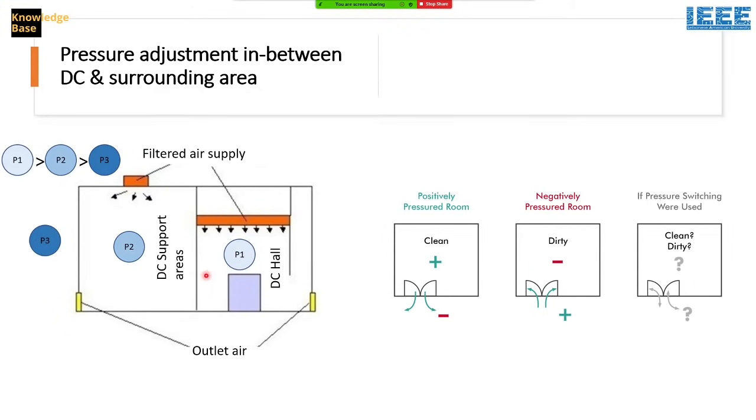So in case you open a door between area 1 and area 2, the air will flow from inside the data hall to the supporting areas, and when you come from outside the facility, when the door opens, the air will flow from inside to outside. So you always have air supply units that push air inside the data center, and you have air outlets that are extracting the air outside.